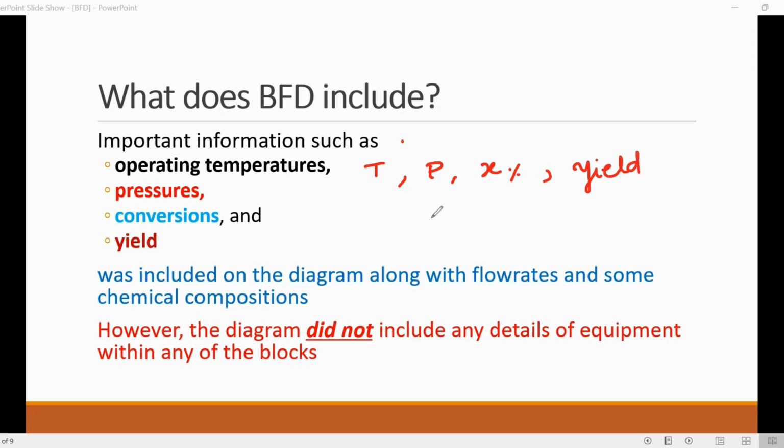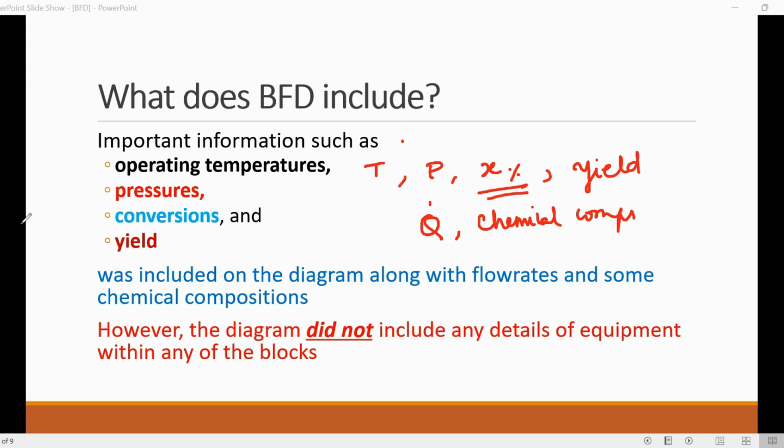Along with that, it contains the flow rates and some chemical compositions too. When we say conversions, that means in a reactor, how much is converted. That we can also understand from the block flow diagram.